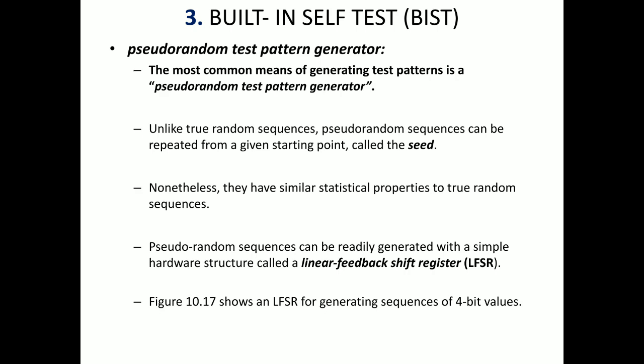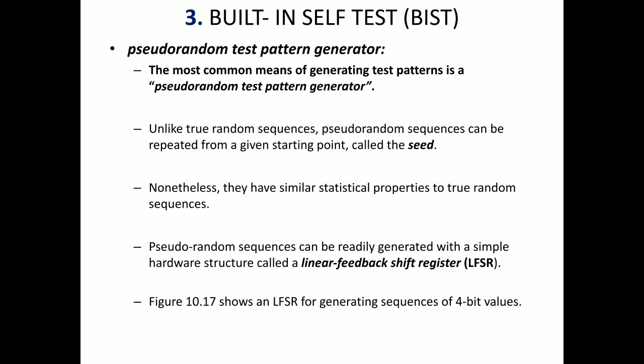A random generator just generates numbers, but in pseudo random we can start the sequence by initialization, which is also called the starting point. Nonetheless, they have similar statistical properties to a true random sequence.